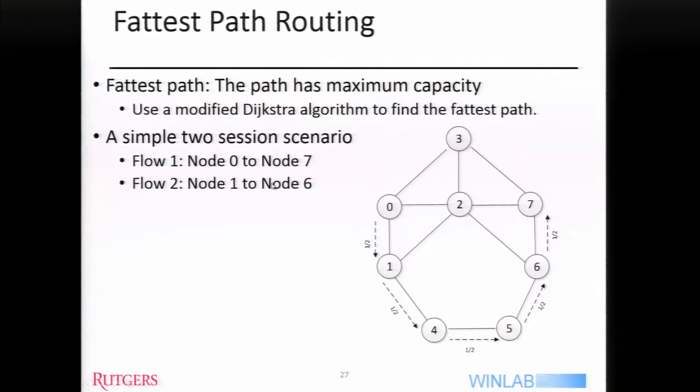Then the second flow, when it joins the network, sees there's no better choice, so this is the only best choice. In that way, these 2 flows each get 1/3 of the bandwidth. So in the next slide, that's the problem of only considering the fattest path.